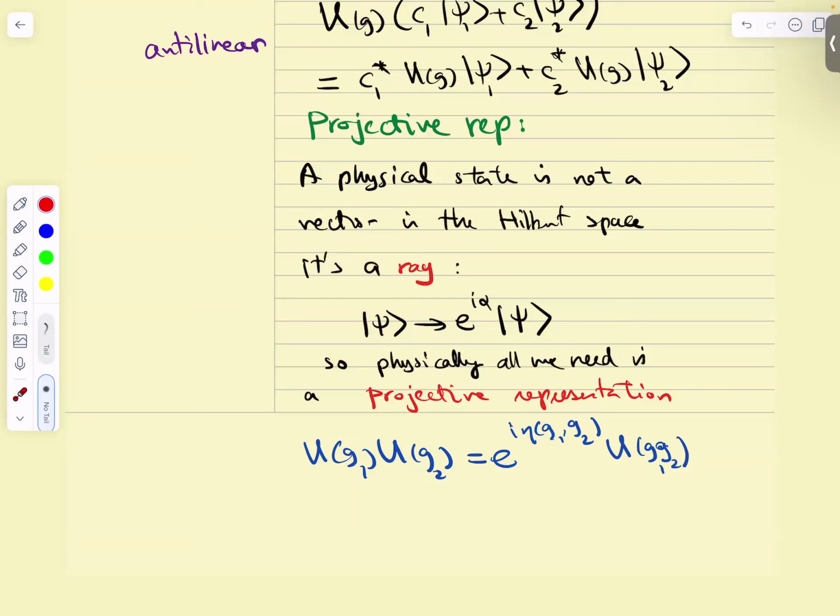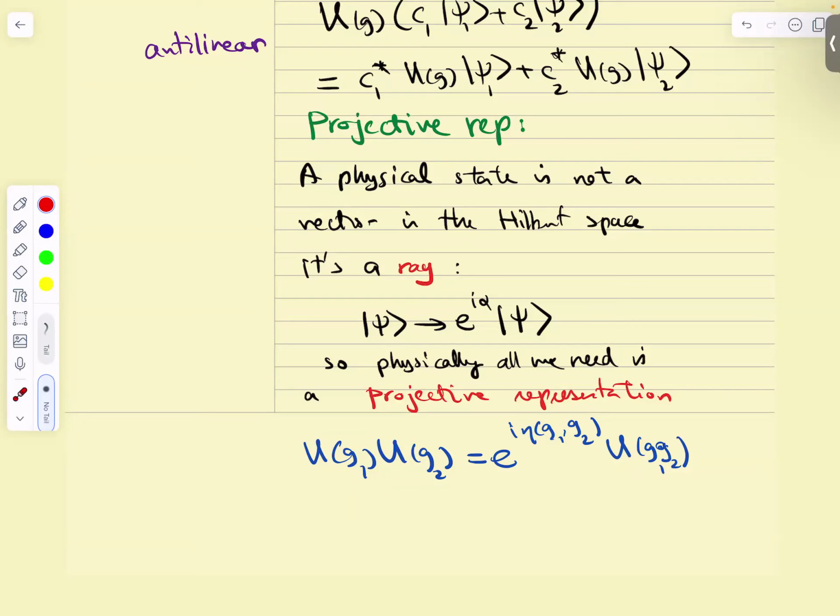What is a group that we have around us? Rotations, right? Rotation is a symmetry of nature. And I can pick rotation to act as a unitary on the Hilbert space, or I can pick it to act as a projective representation.